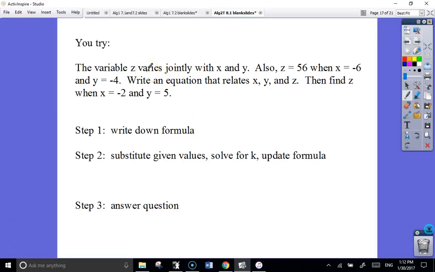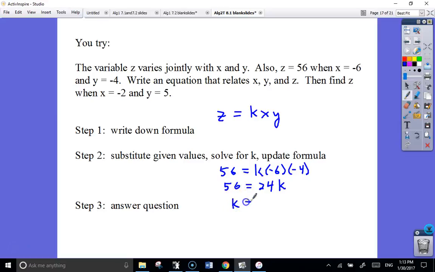Okay, now it's joint variation. Z equals KXY. Z is 56 when X equals negative 6 and Y equals negative 4. I got it wrong. Is that all right? Okay.